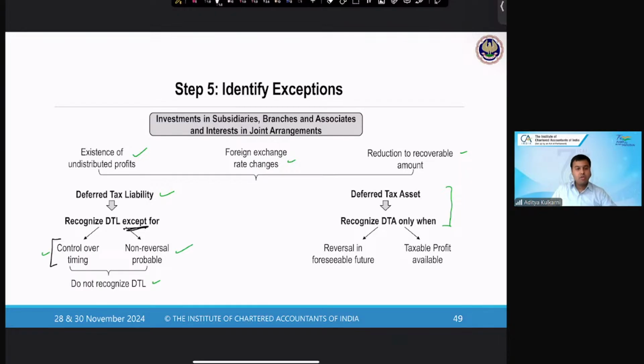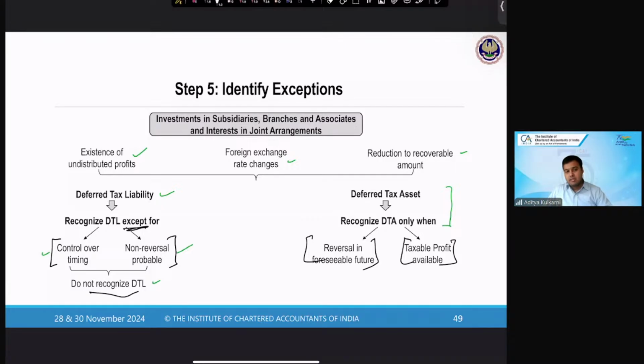There is control over timing, and non-reversal is probable. In such cases, do not recognize a DTL. A DTA shall be recognized only if reversal is foreseeable in the future and taxable profit is available. DTL will always be recognized.